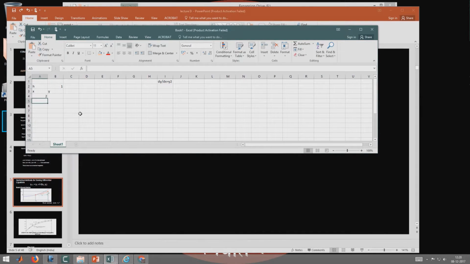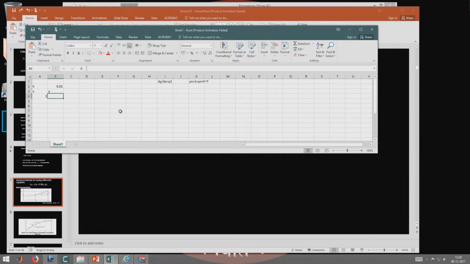So this can be... so you want to calculate. Like I mentioned, yn plus 1 is equal to yn plus h multiplied by the function. Okay, so how do you do that?